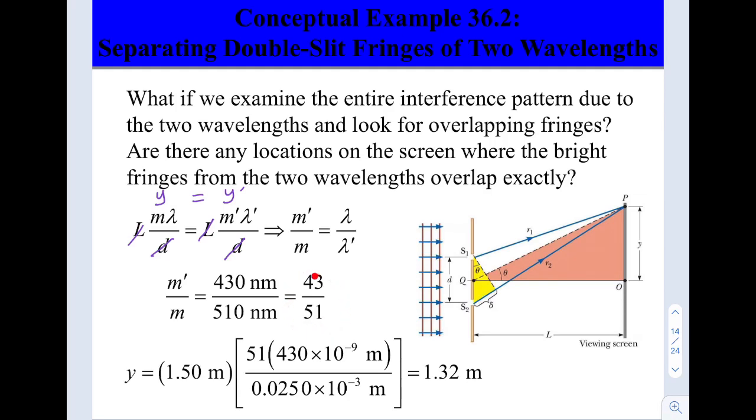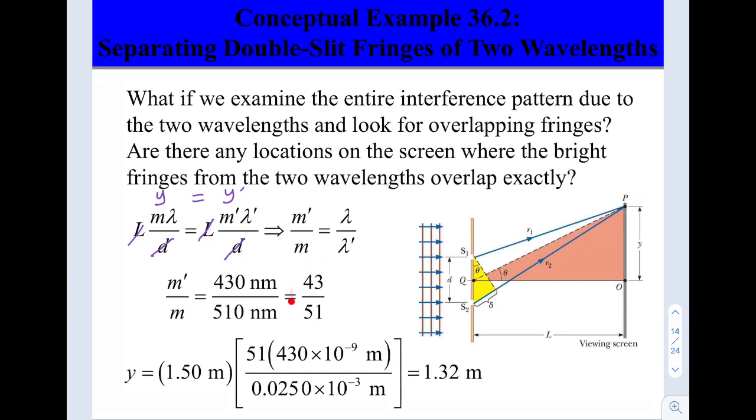So from here, what does that mean? The 51st order fringe of the 430 nanometer wavelength will overlap with the 43rd fringe of the 510 nanometer wavelength or light.